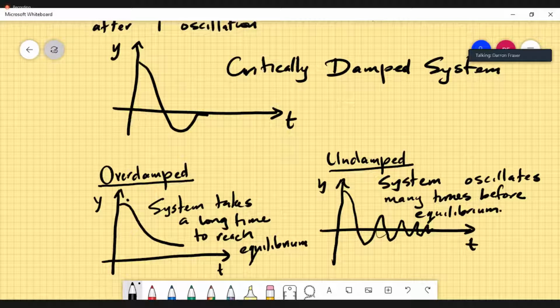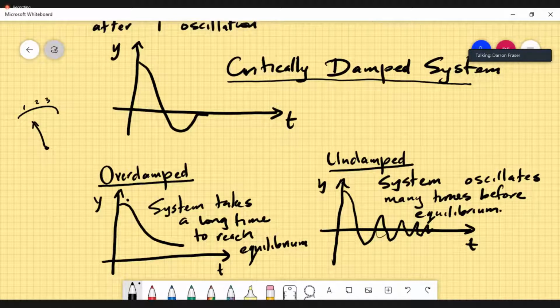So a critically damped system is supposed to go to equilibrium position after one oscillation. The other system, any analog meter that you have, is going to spend the time oscillating around the final value before it settles. You want it to go to the value and stop.